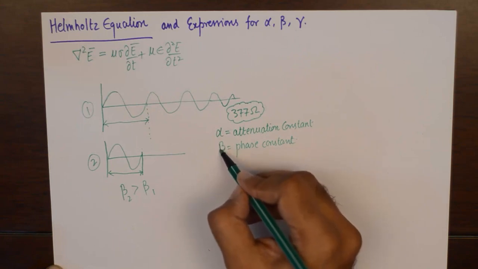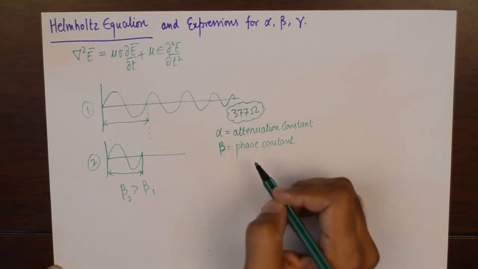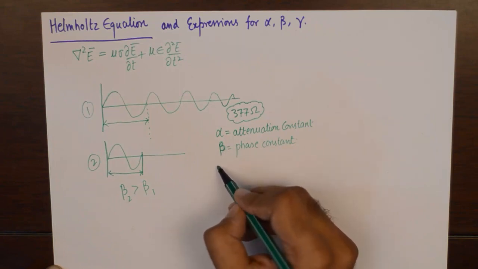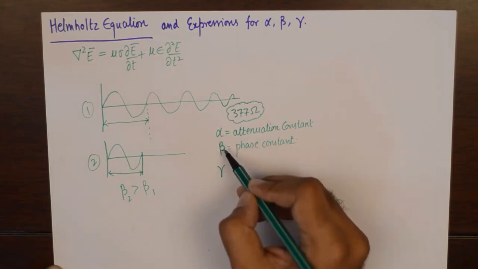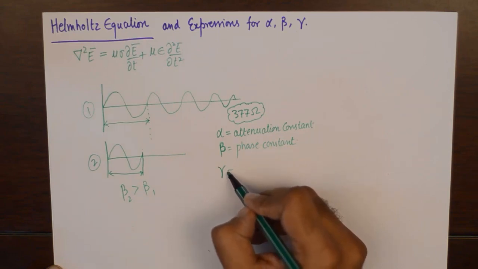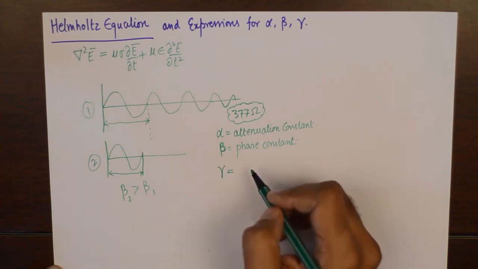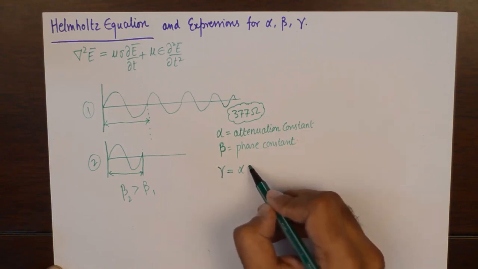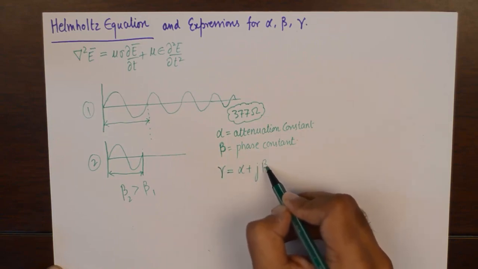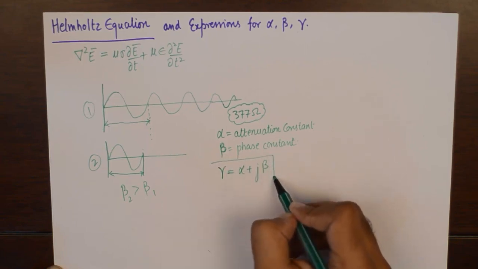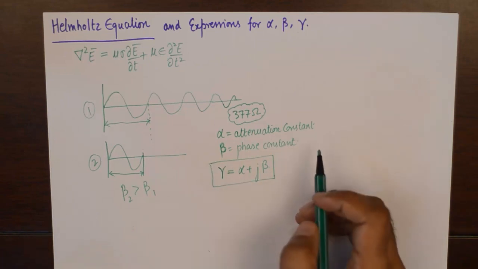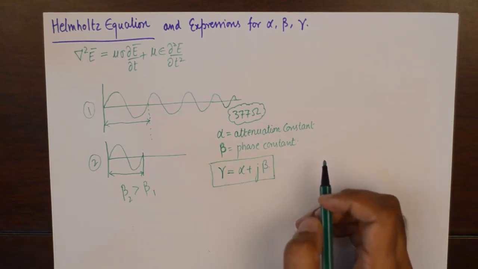And in wave equations terminology, both these quantities are represented by a complex number gamma, which is a combination of these two parameters, where alpha is the real part and beta is the imaginary part.